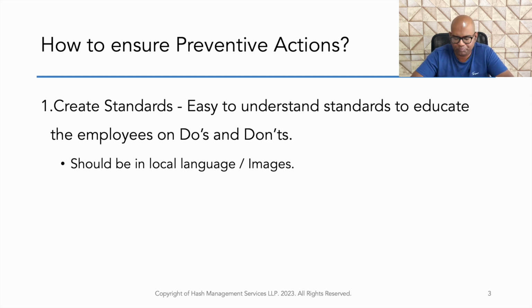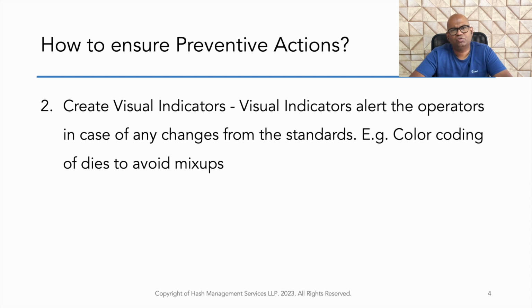That's the first step. Second one is you can also create some visual indicators for the operation, for the process. For example, if I have to set the pressure of a machine to, let us say, 10 bar, in the pressure gauge, you can have a marking above the 10 bar, let us say starting from 10 to 20 bar, etc. There will be a red color line. So when the needle goes above 10, I know that okay, this is wrong, or this may lead to some defects.